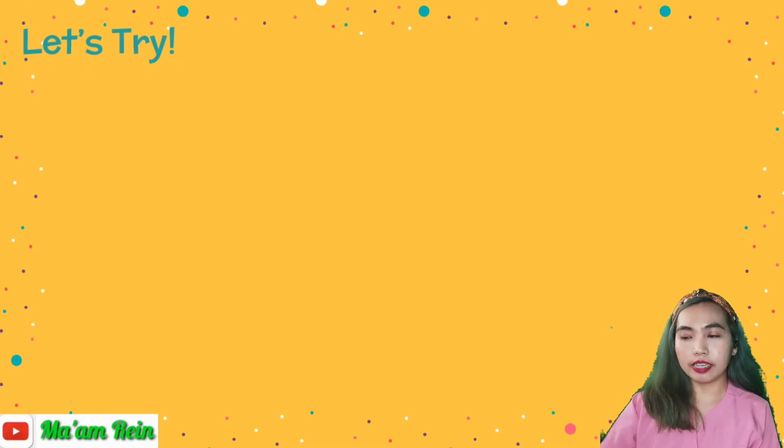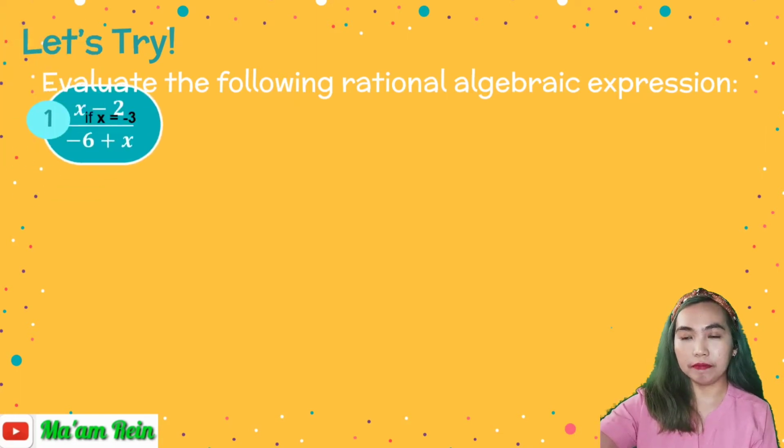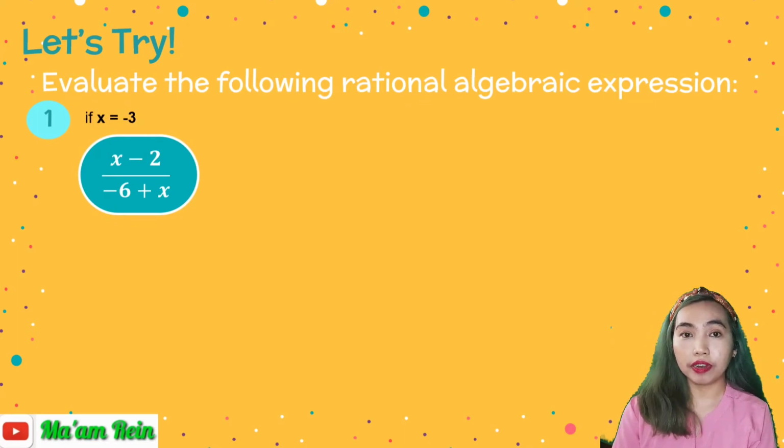Now let's try to evaluate the following rational algebraic expressions. Step number 1. If x is equal to negative 3. So all you have to do when we are evaluating an expression, we simply substitute the value of the variable.